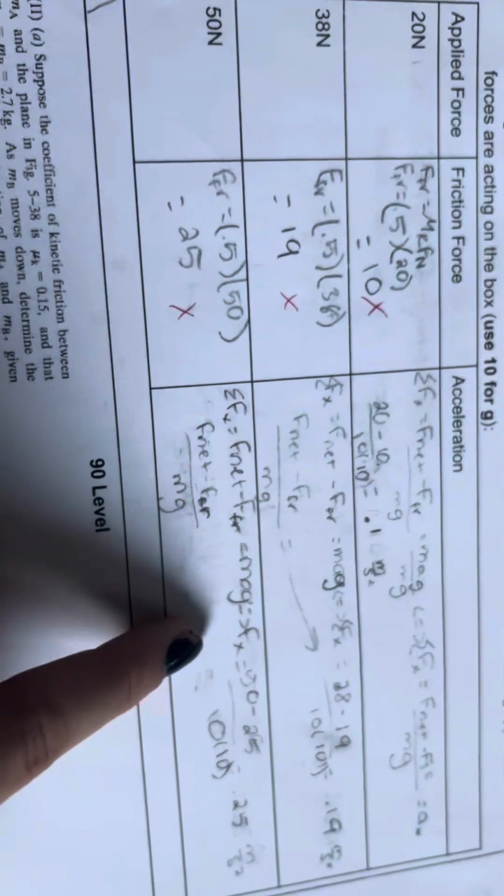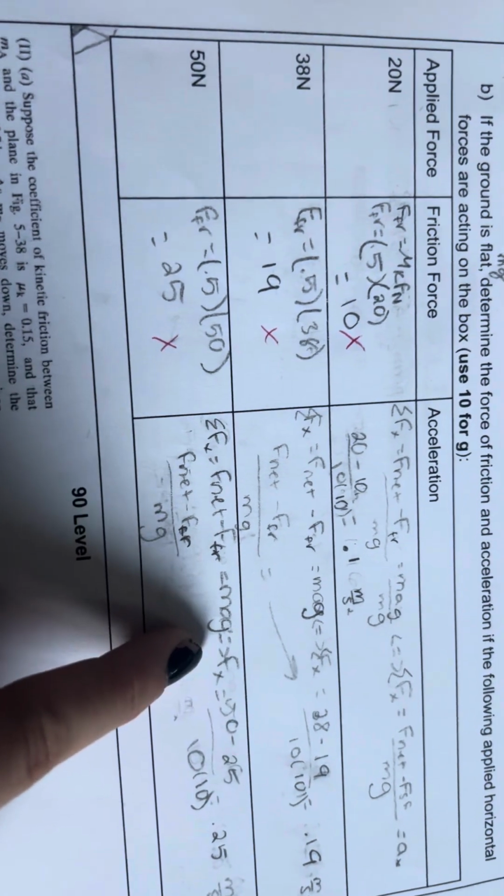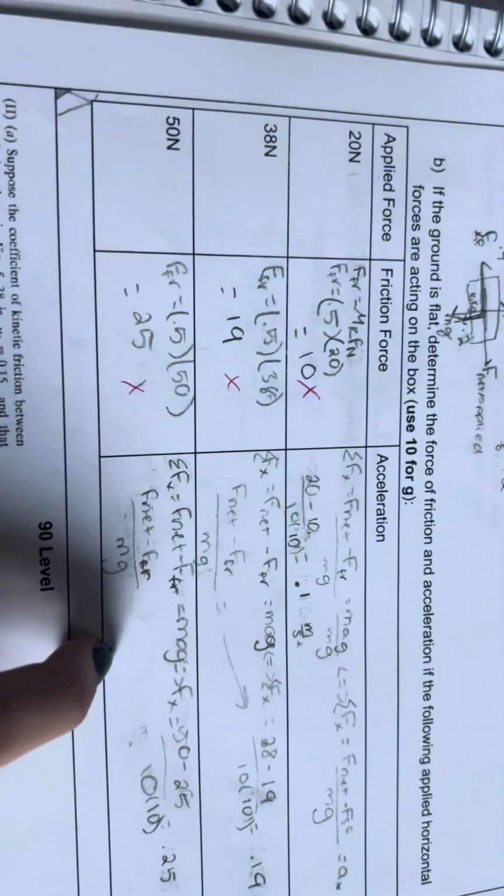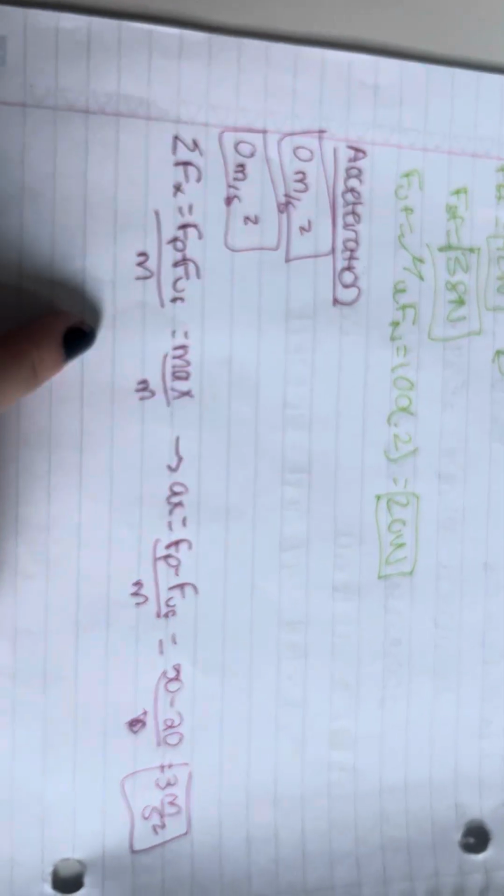I didn't, and I just assumed it would equal the magnitude for some reason, because I thought I was solving for acceleration, when I should have been using a different equation more related to friction, which would be these ones.